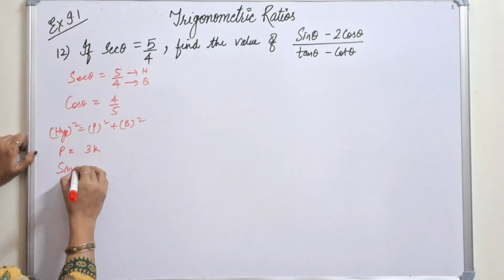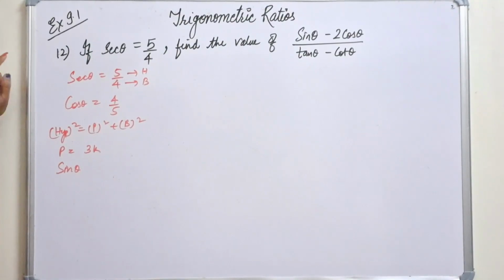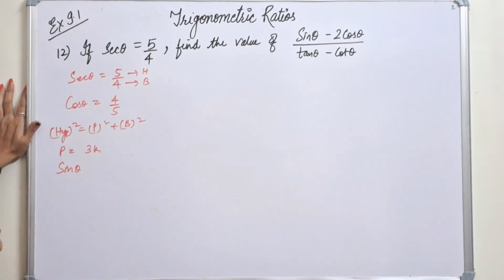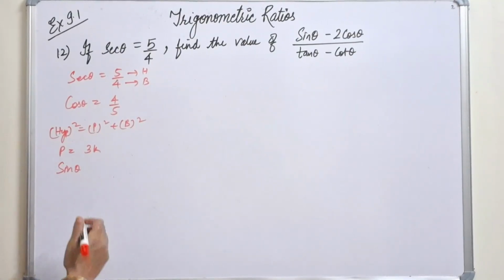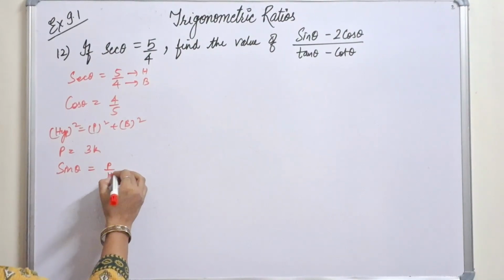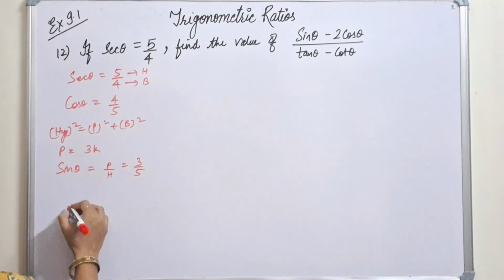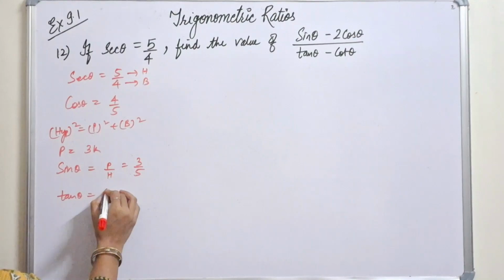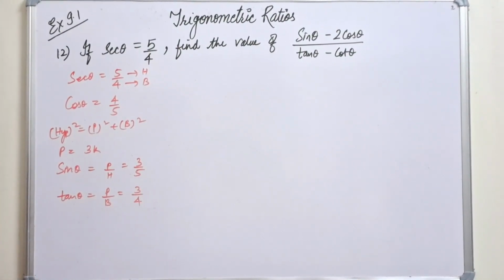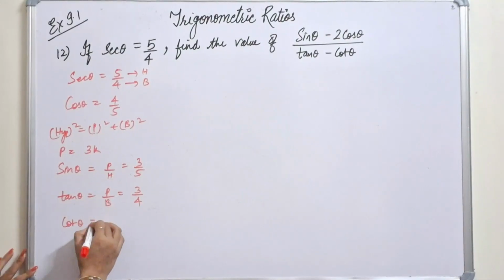So sin theta will be, because 3 4 5 is a triplet, here 25 and here 16. So 25 minus 16 is 9 and that is 3. So sin theta will be perpendicular upon hypotenuse, that is 3 upon 5, and tan theta will be perpendicular upon base, that is 3 upon 4. And cot theta is the reciprocal, so it is 4 upon 3.